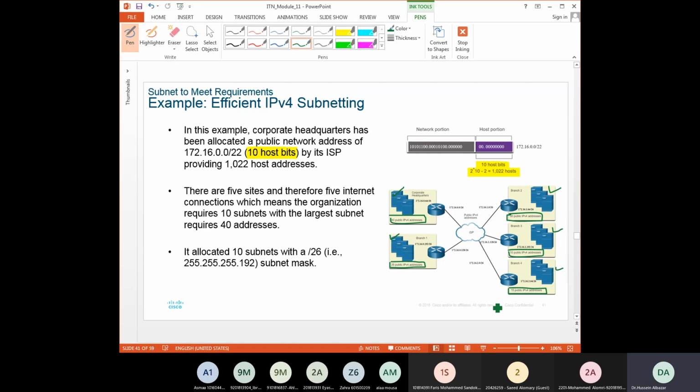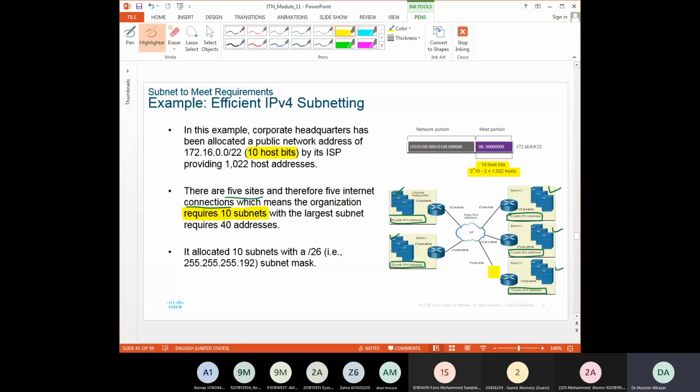Actually, we do not need 5, we need 10. Why 10? We have 5 sites and we have 5 internet connections. So it means the organization will need 10 subnets. How come 10 subnets? Now we have 5 sites, okay? 1, 2, 3, 4, 5.